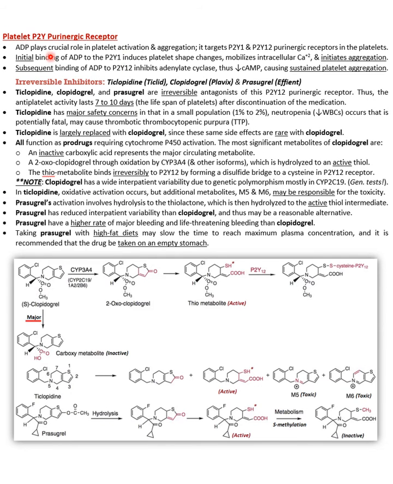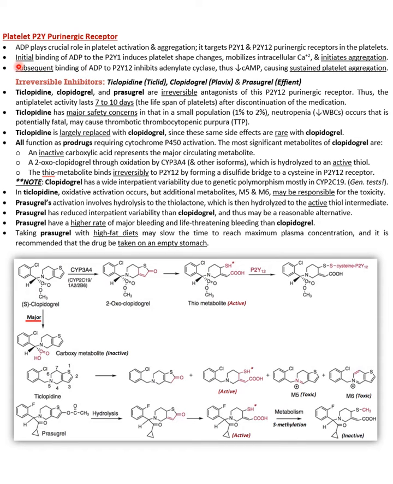As we mentioned earlier, in the physiologic pathways of thrombus formation, ADP plays a crucial role in platelet activation and aggregation through targeting two receptors, P2Y1 and P2Y12, purinergic receptors in the platelets.